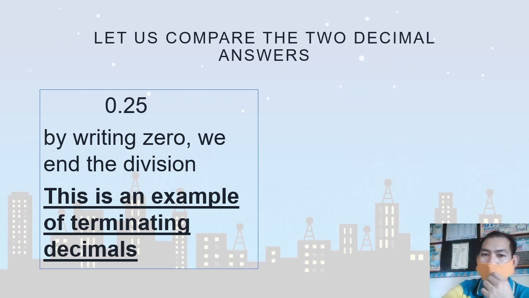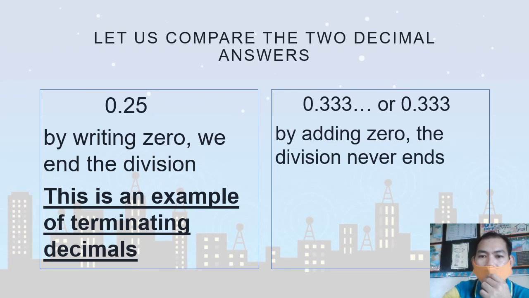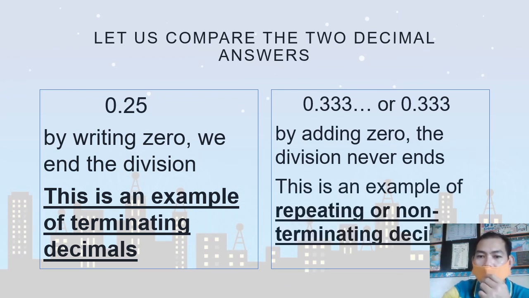So if we keep on adding 0 and then it terminates or it stops at a certain point, then we call it terminating decimals. So the next one, we will see here that the digit 3 is repeated. So by adding 0, the division never ends. So this is an example of a repeating or non-terminating decimal.